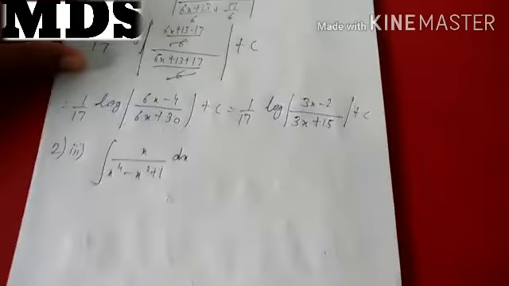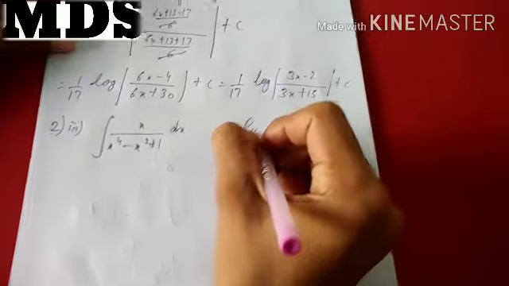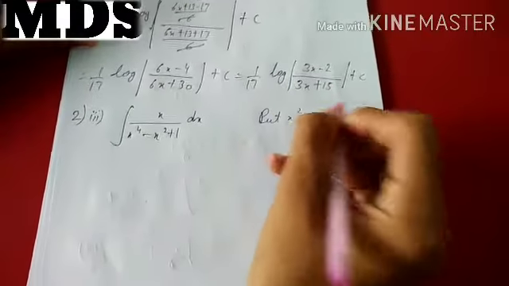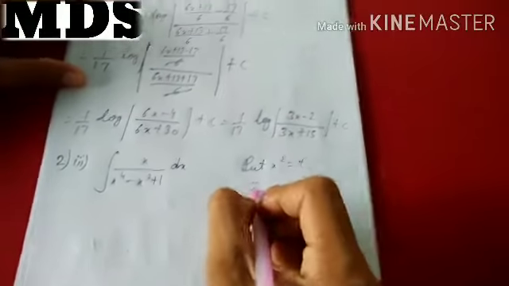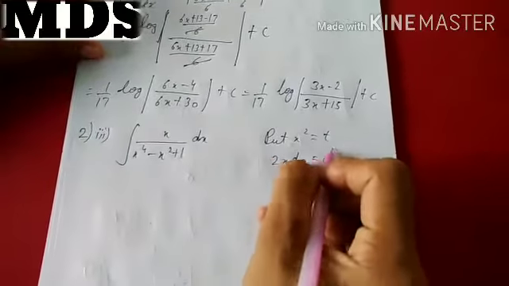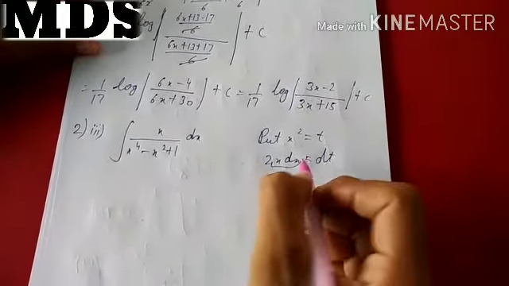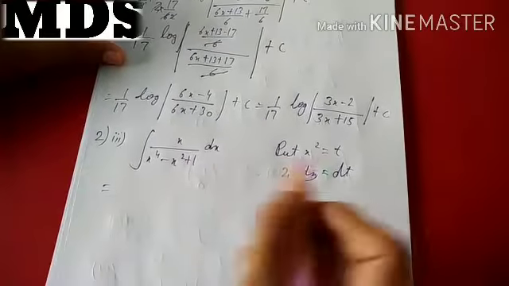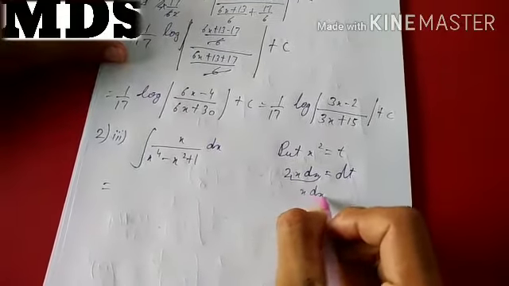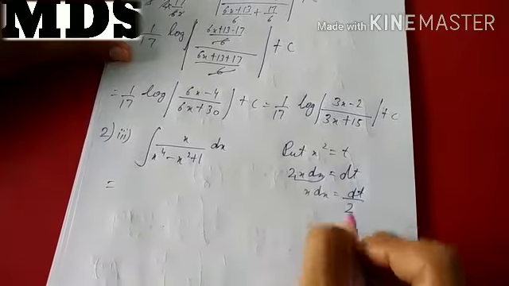So what we can do is put x square equal to t. So what I will get is 2x dx equal to dt. x dx is my numerator, so I got its value. This will be x dx equal to dt by 2.